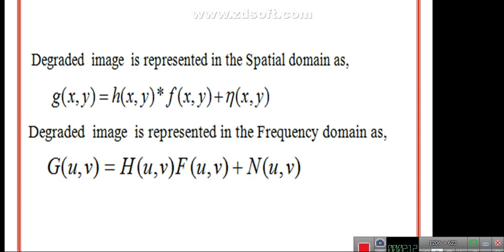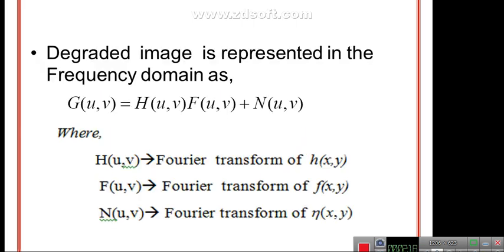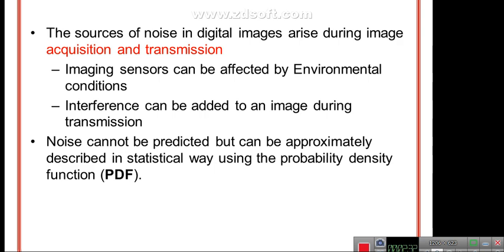So G of u comma v is equal to H of u comma v into F of u comma v plus the noise N of u comma v. Here H of u comma v is the Fourier transform of h of x comma y, F of u comma v is the Fourier transform of f of x comma y, and N of u comma v is the Fourier transform of eta of x comma y.